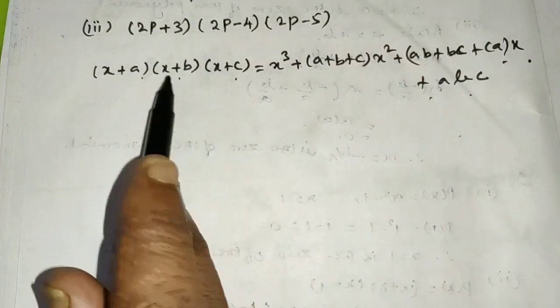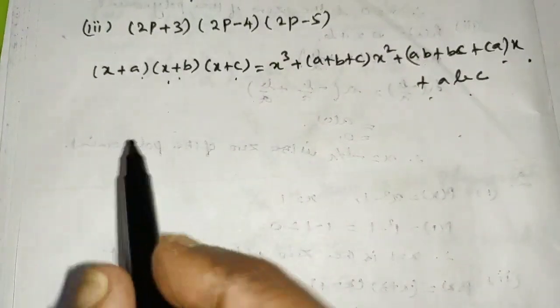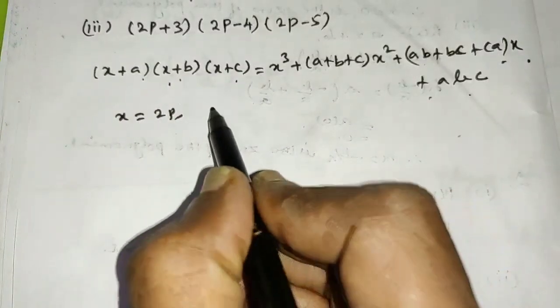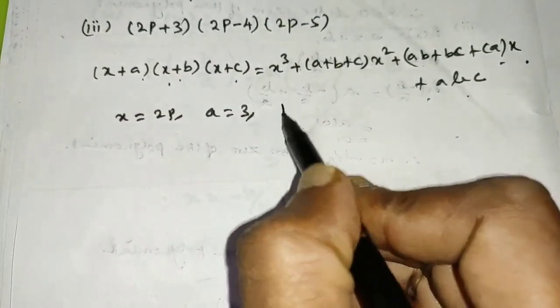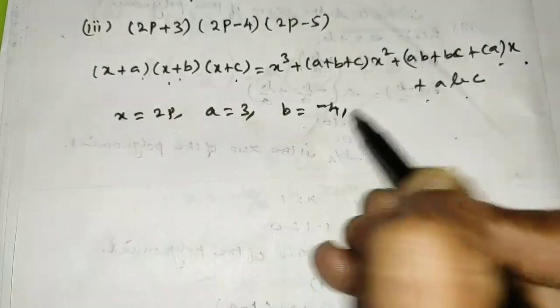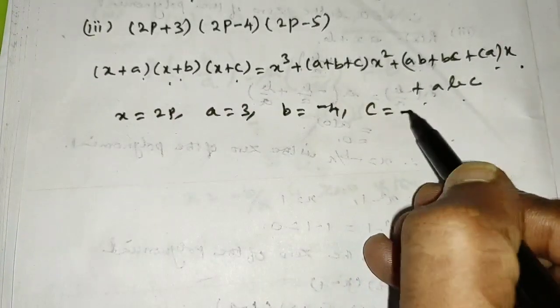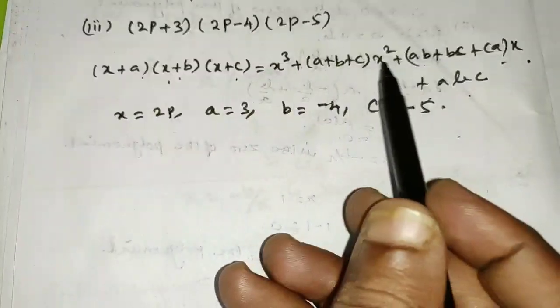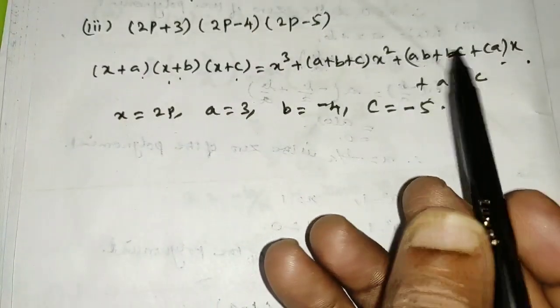Compare these two identities and the given question. In the place of x we have 2p, in the place of a we have 3, in the place of b we have minus 4, and in the place of c we have minus 5. Use these values and substitute this in the given identity.